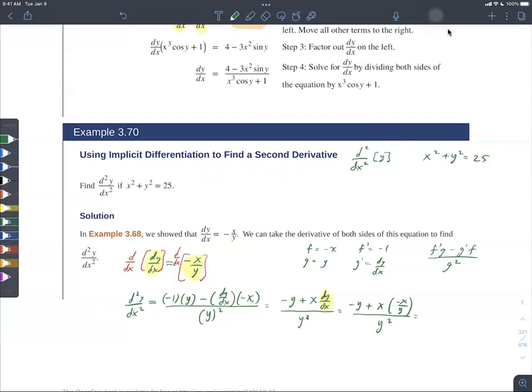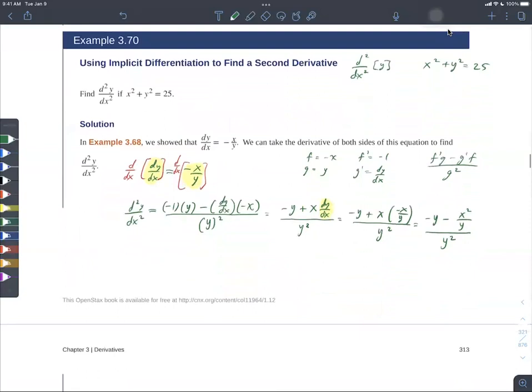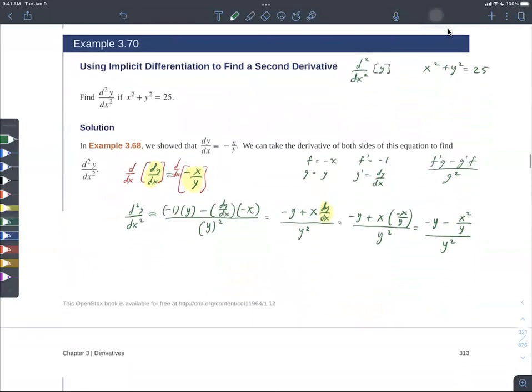And what does this give us here? This gives us -y minus x squared over y, divided by y squared. Can we simplify this further? It just depends on how far we want to simplify. I could multiply by y on the bottom and y on the top, right?